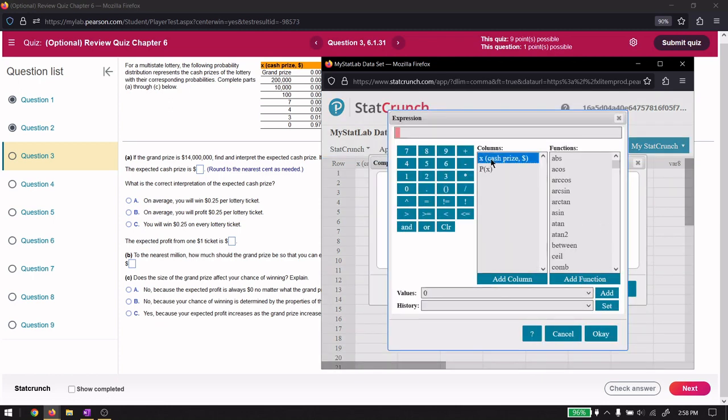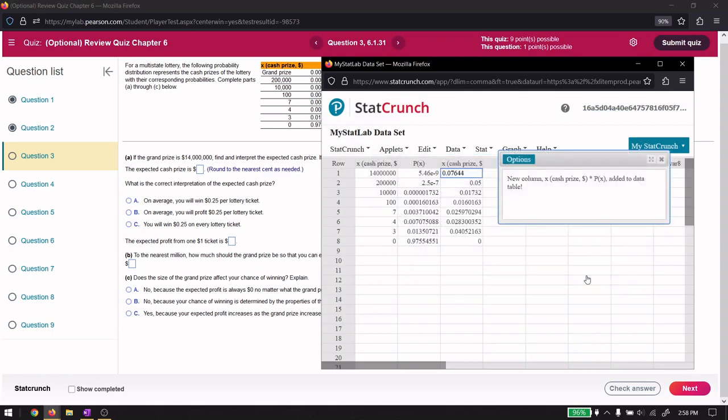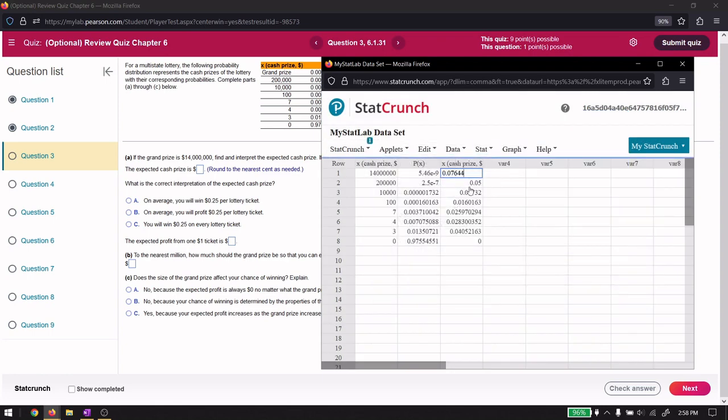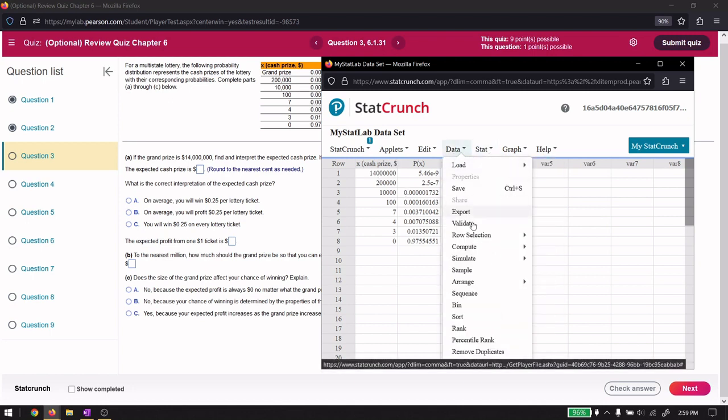I'm going to do this column, the cash prize multiplied by P of X, and then I hit compute there. And you can see these are our weighted calculations here. And so the expected value is going to be the sum of these weighted averages. So all I have to do is just sum down.